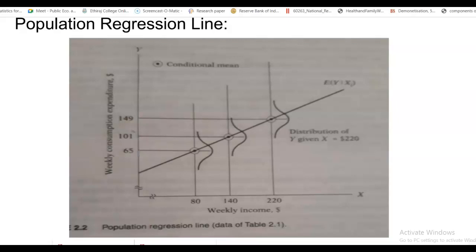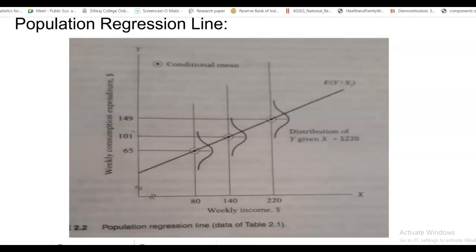So we are taking the average of it. If there are 100 families with $80 as an income, we cannot put a condition that all have to spend $65 only as consumption expenditure. Some may spend 75, some 79, some 60, some 55, some 65, and so on. But we are taking an average of it.